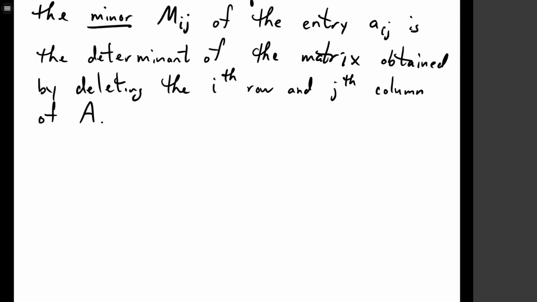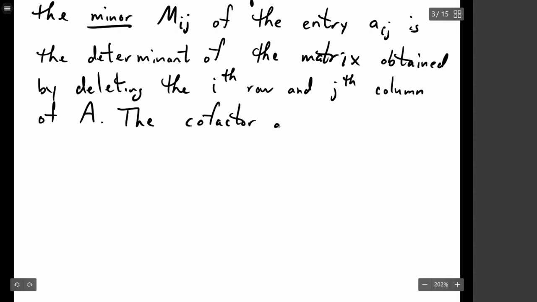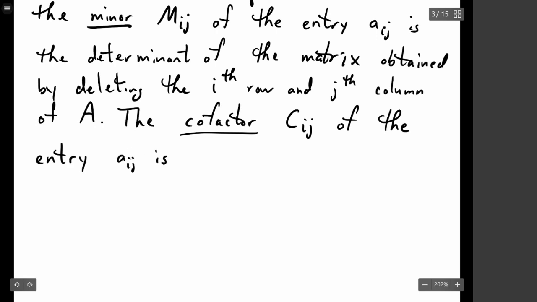Then what is the cofactor? Well, the cofactor, which we call Cij, of the entry Aij, is this number Cij, which is going to equal (-1)^(i+j) times Mij.